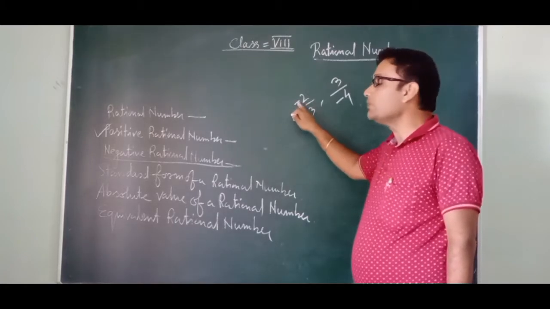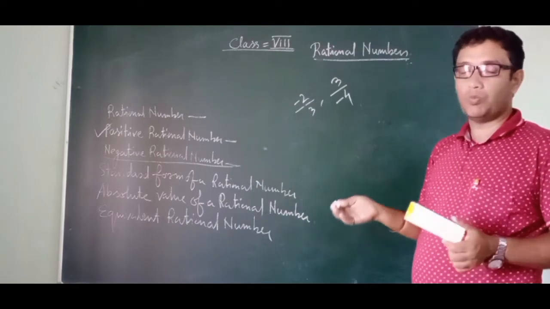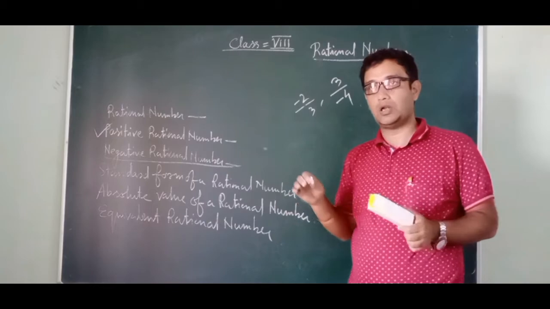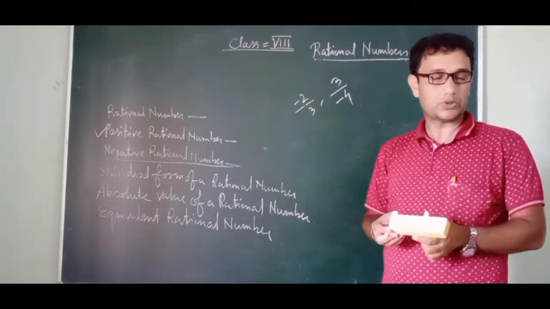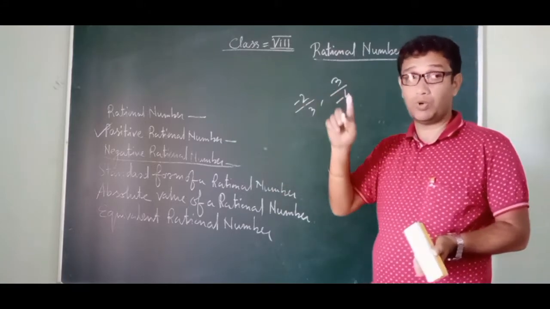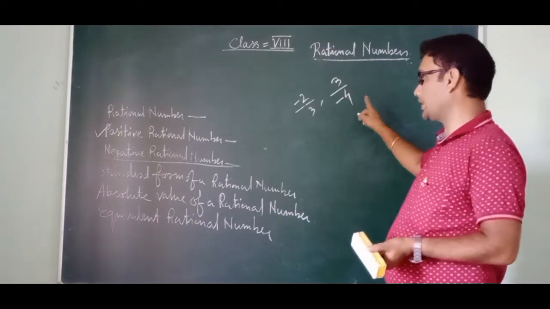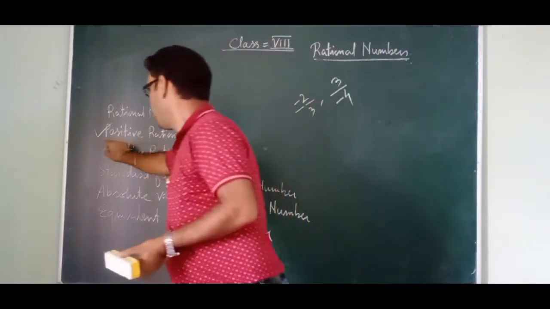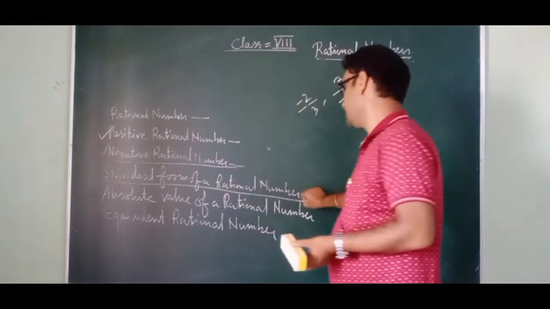That means if in a rational number either the numerator is negative or the denominator is negative, then the rational number will become a negative rational number.